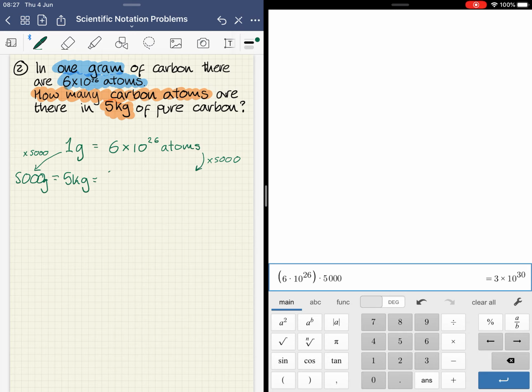And there, my answer is going to be 3 times 10 to the 30 atoms. And sometimes your calculator will automatically put it into scientific notation, like so. And that's that question done.